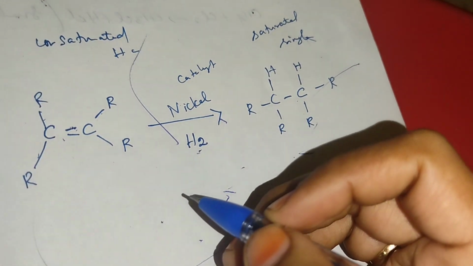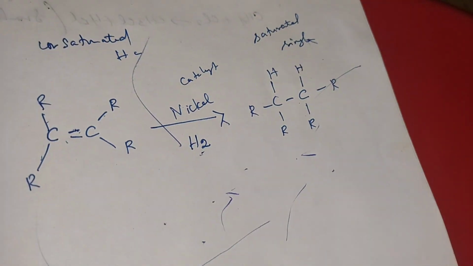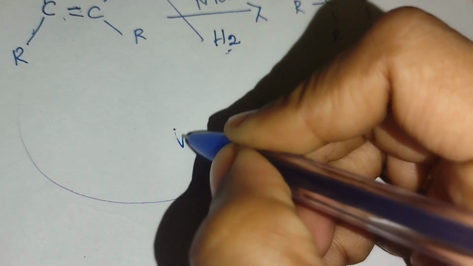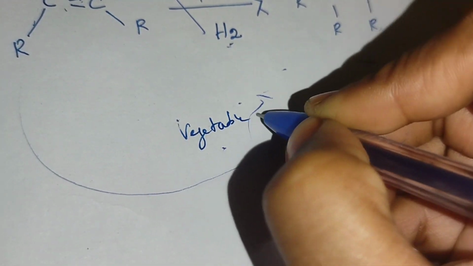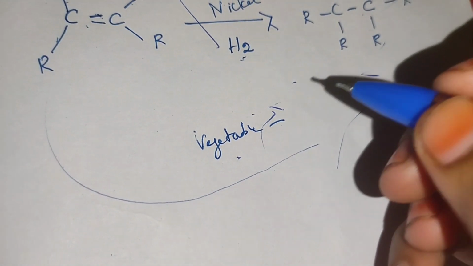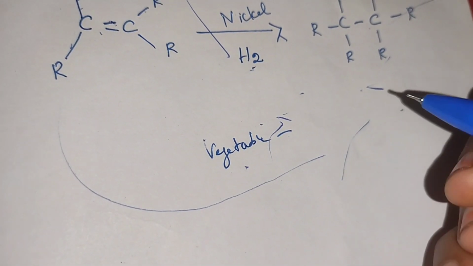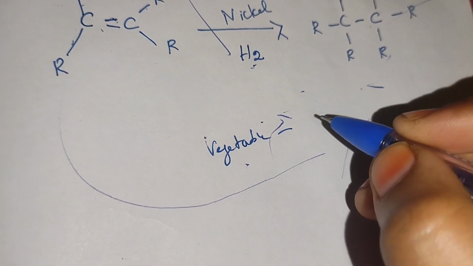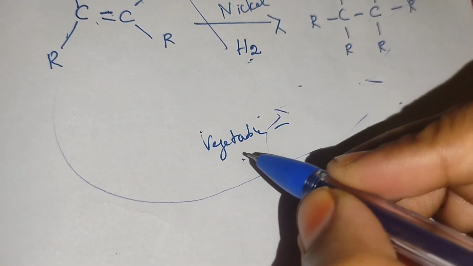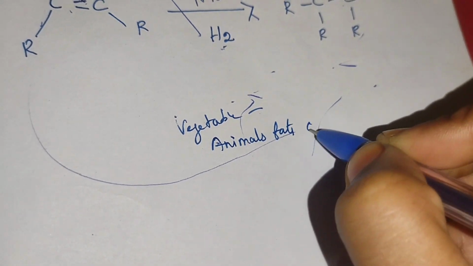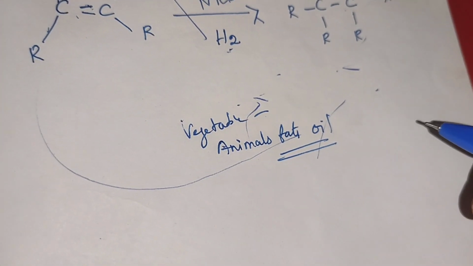In some advertisements they say some vegetable oils are good for cooking. Why? Because this vegetable oil contains, like I said previously, long unsaturated carbon chains. Animal fats and oils are harmful for health. Why?